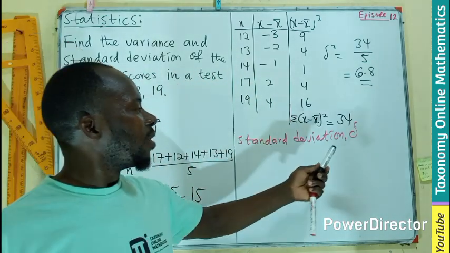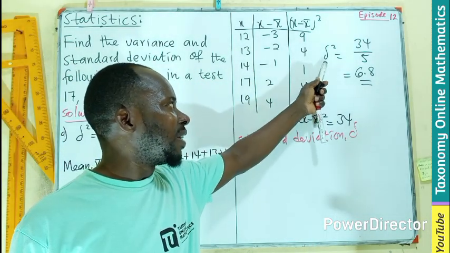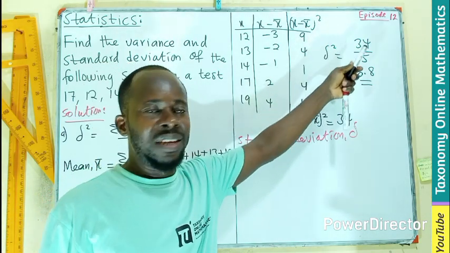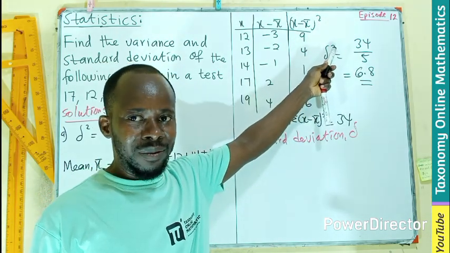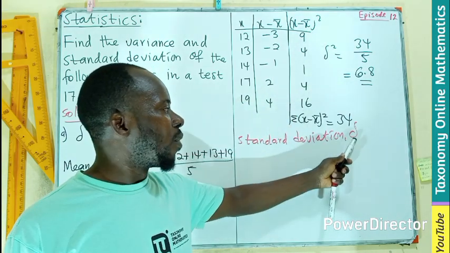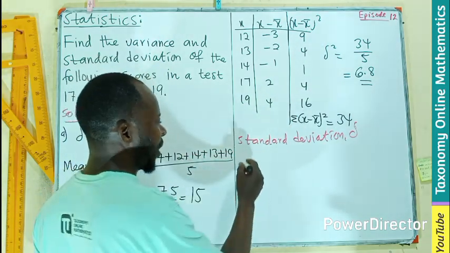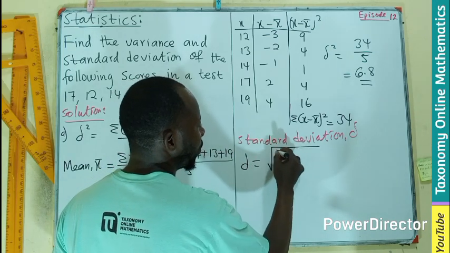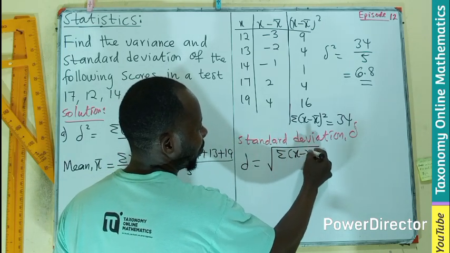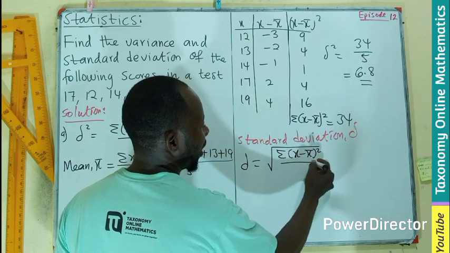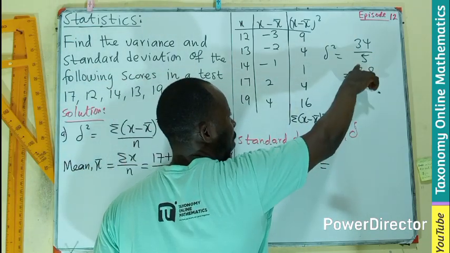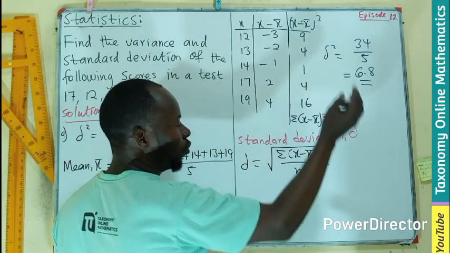But in finding the standard deviation, the symbol for standard deviation is this. You are seeing the square there. If I find the square root of both sides, the square here will cancel. So the standard deviation is the square root of sigma (x minus x bar) squared over n. If I put it here, it's going to be 34 over 5, the root of that.